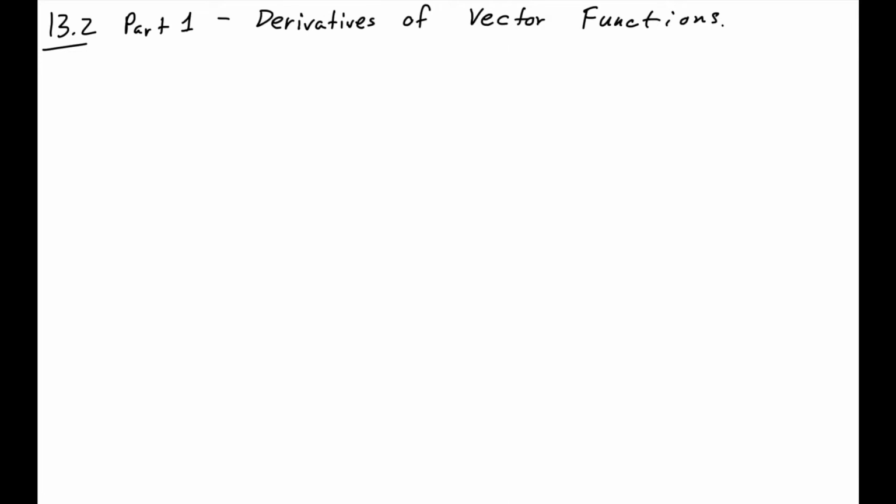So, derivatives work the way you would expect. You might remember in 2D, formally f prime of x was defined as the limit as h approaches 0 of f of x plus h minus f of x, all over h.